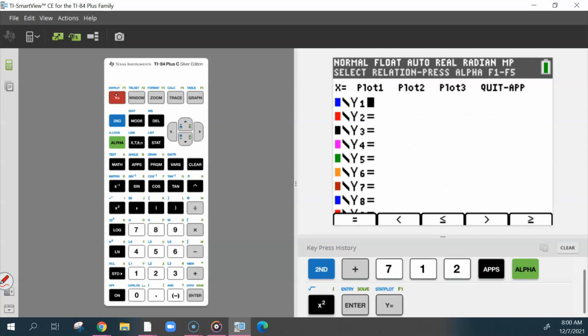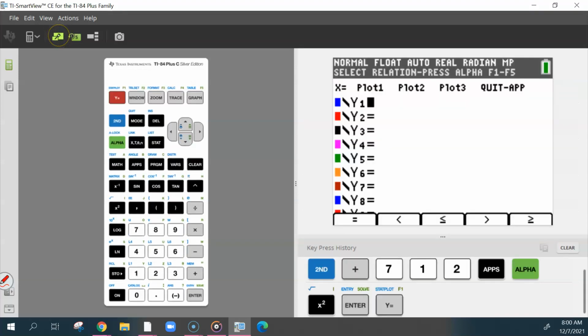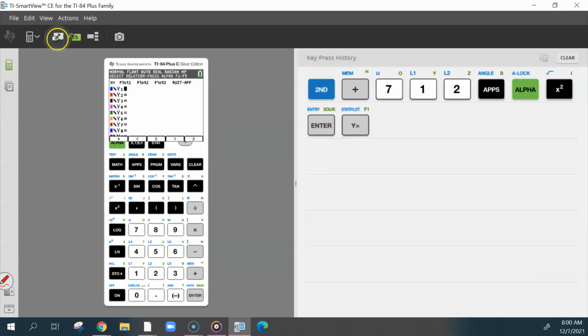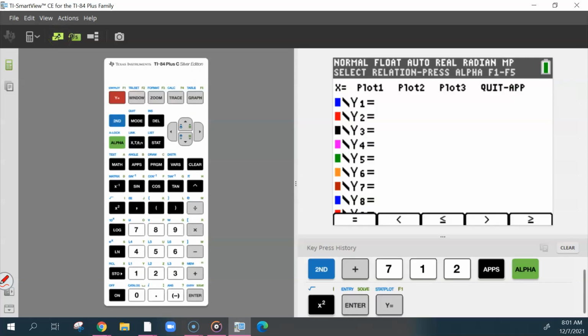I'm going to go back and forth between these two so you see where it is. At the bottom of your screen, if you go over to where the equals is and it's highlighted, you should see these options pop up at the bottom.